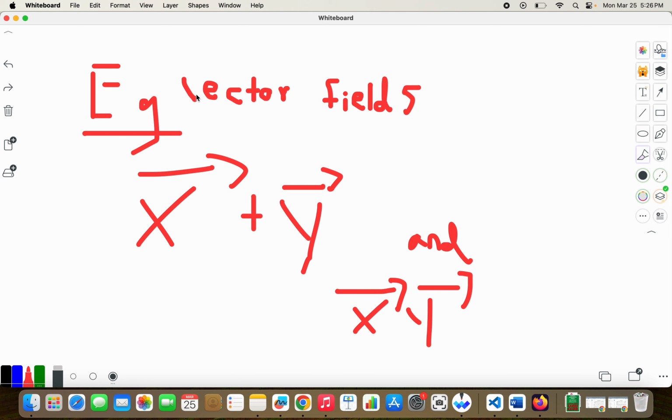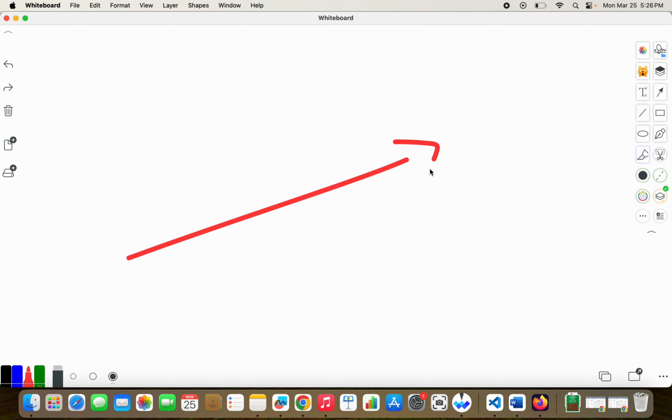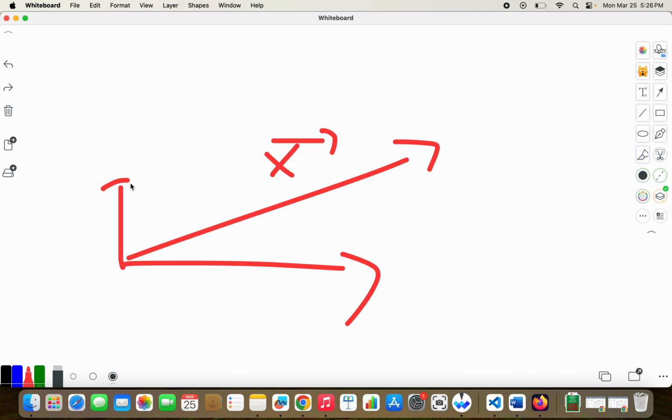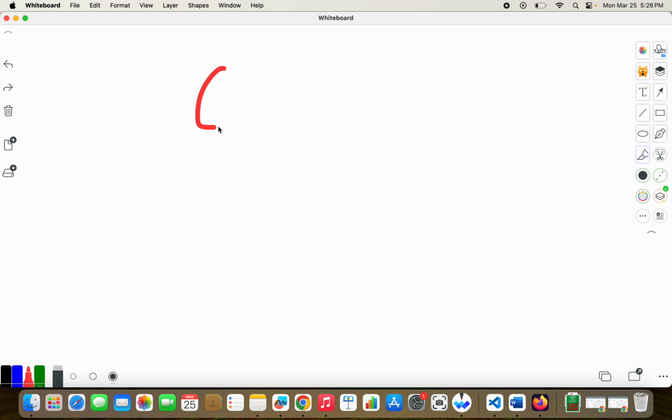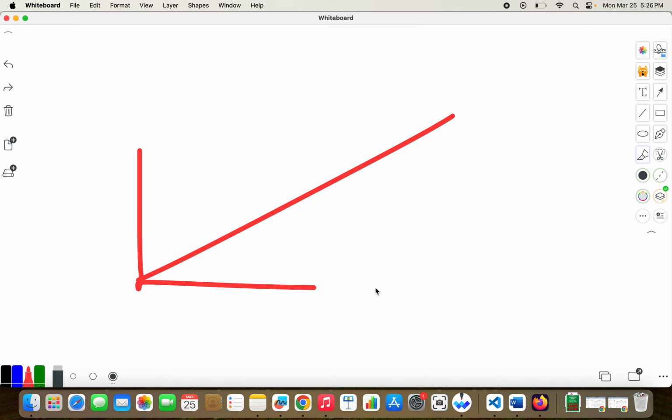Vector fields, and I show the operations with two vectors. If you don't know what a vector is, it's basically like a line, and it has components. It's like slope, only it's changing.